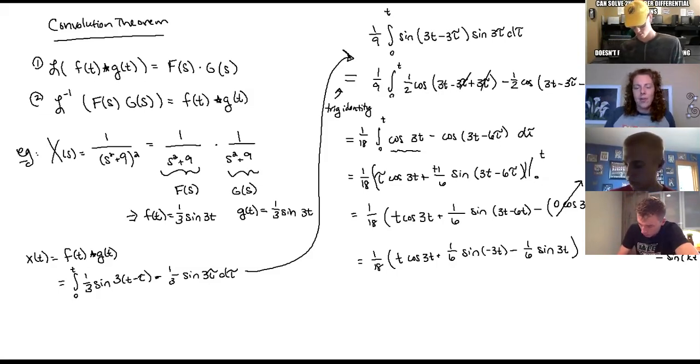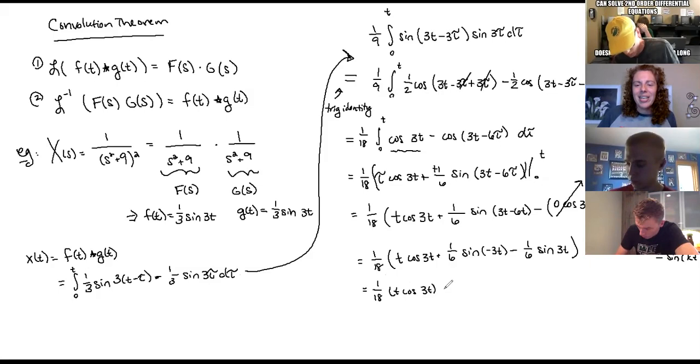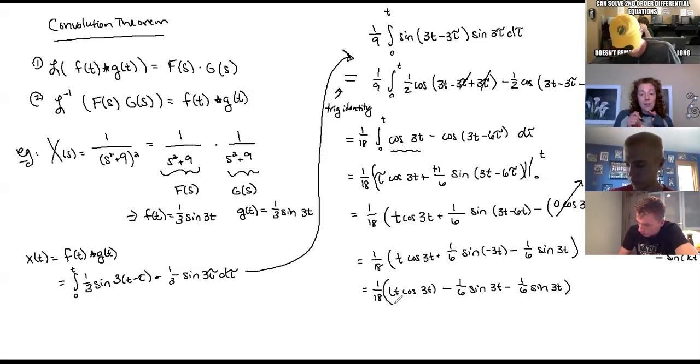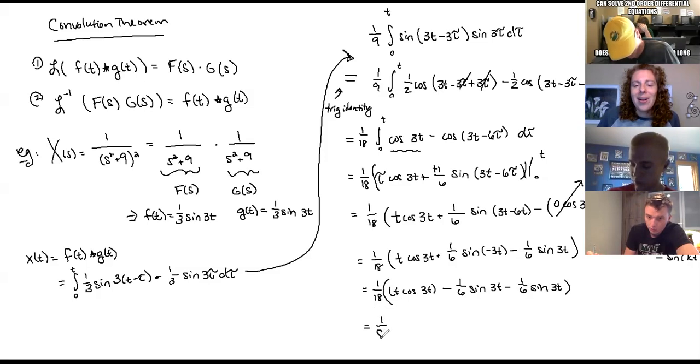So you can pull a negative out in front, and I lied to you, it's 2 more steps instead of 1. 1/18 t cosine 3t minus 1/6 sine of 3t minus another 1/6 sine of 3t. So I can pull a negative out in front in that middle piece, and then both of my sine arguments are of 3t. Last step, I'm done now, I promise.